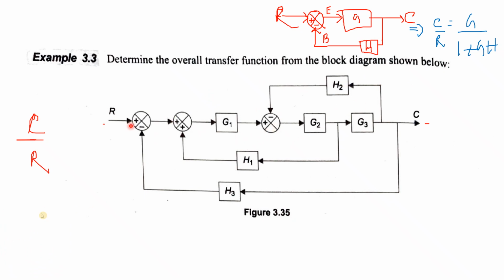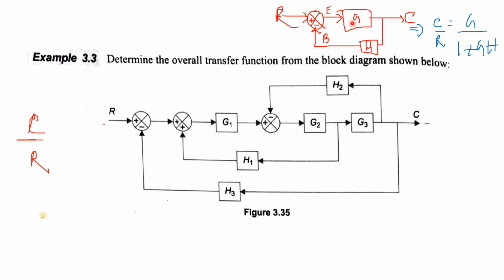Now in this case it is a little bit complicated because there are 3 summation points, and the summation points are also in between. So our target will be to break this entire thing or reduce the blocks in such a way that we get this kind of a structure.